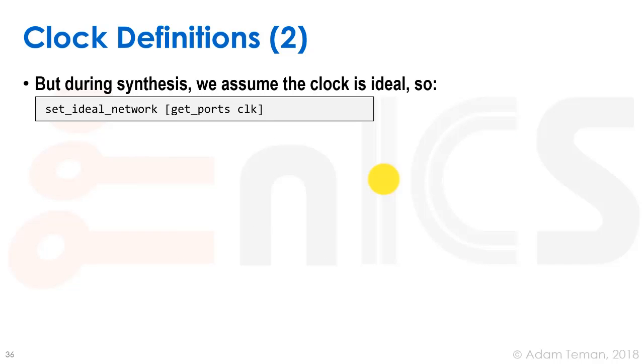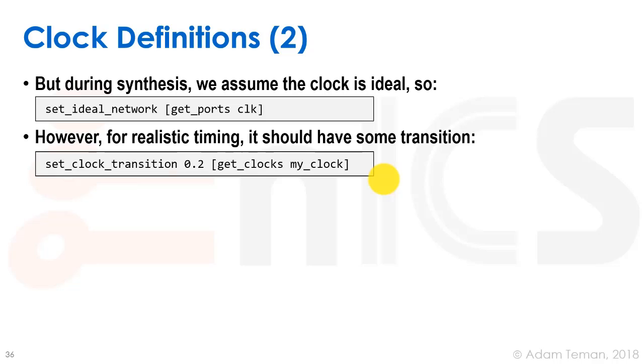So during synthesis, our clock is ideal. Remember, we don't have any skew. So we want to tell it that, listen, you don't have to go and stick the high fanout of the clock into your wire load model and get this large delay and this terrible transition. So what we'll do is we'll say set_ideal_network on the clock.